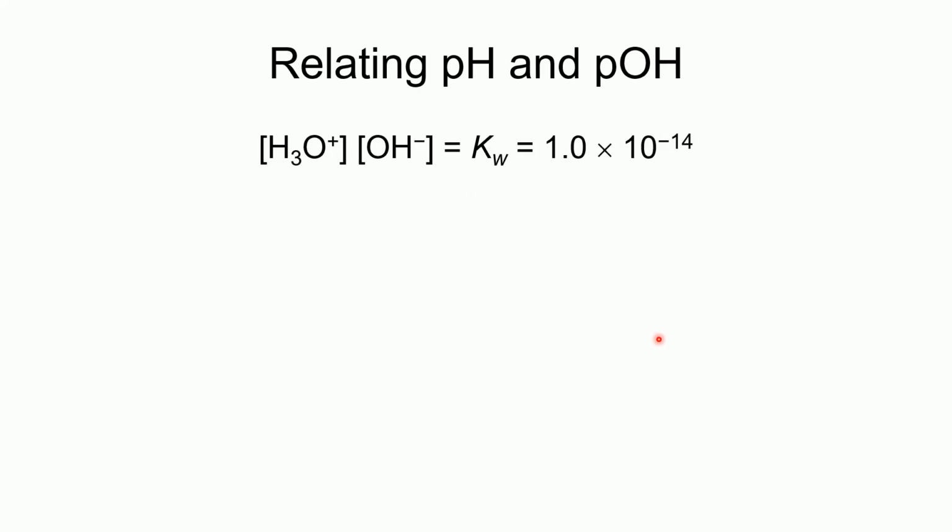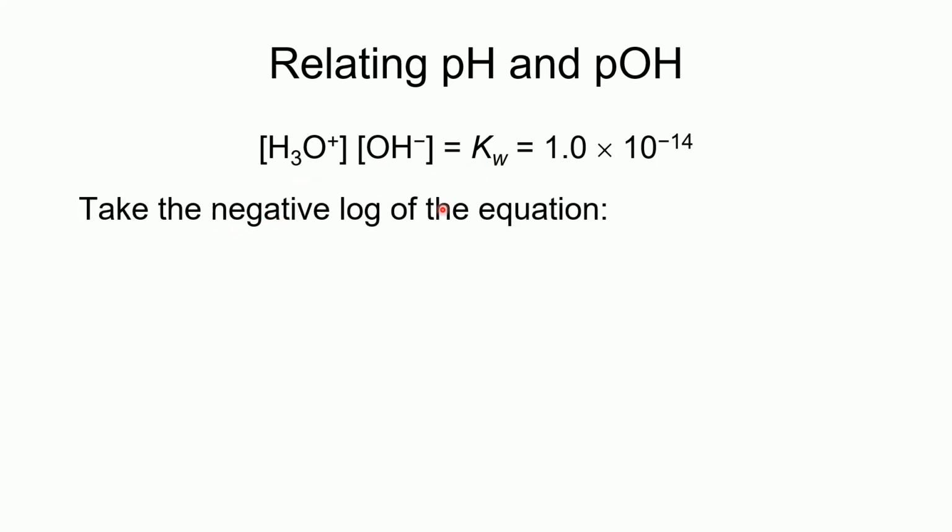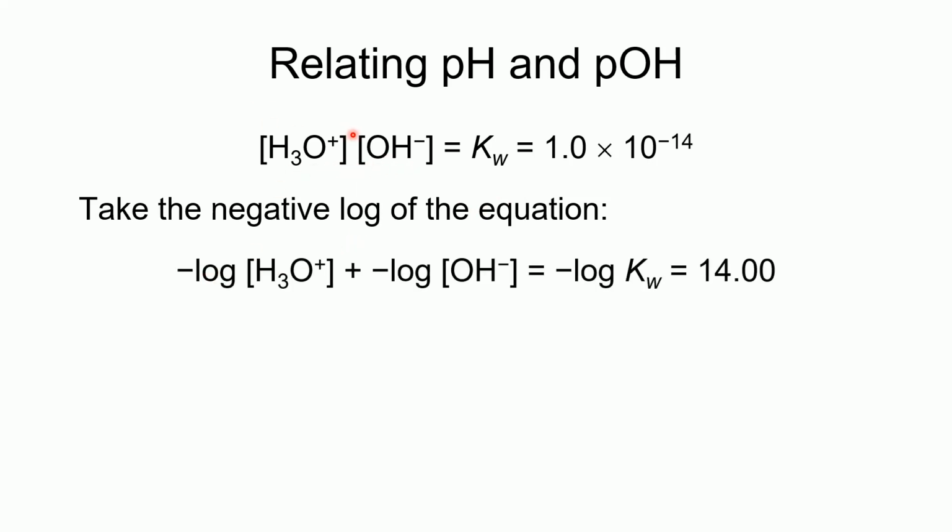All right, now there is a relationship between pH and pOH. So here we've got the equation for the ion product constant and the expression for water. If we take the negative log of the equation, since it's a product, we can take the negative log of hydronium plus the negative log of hydroxide, and we'll get that.